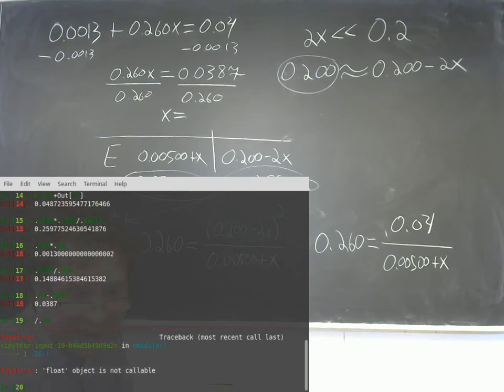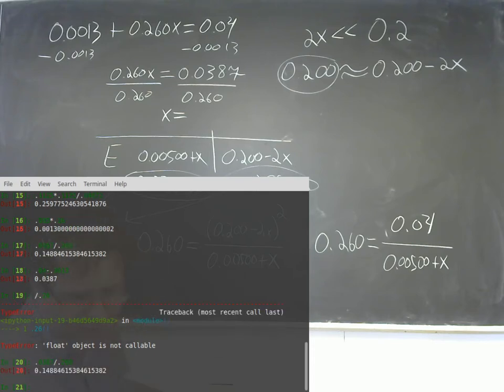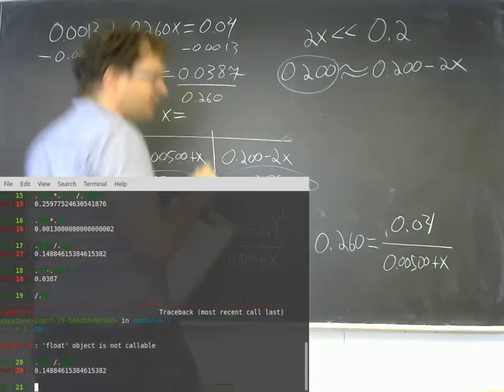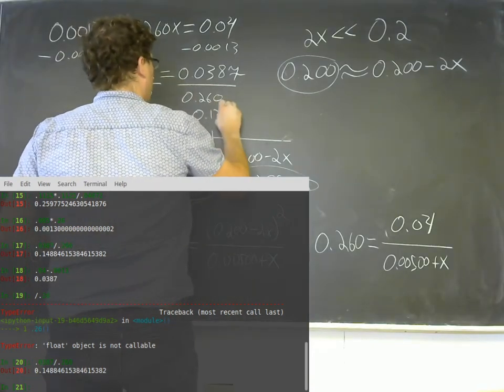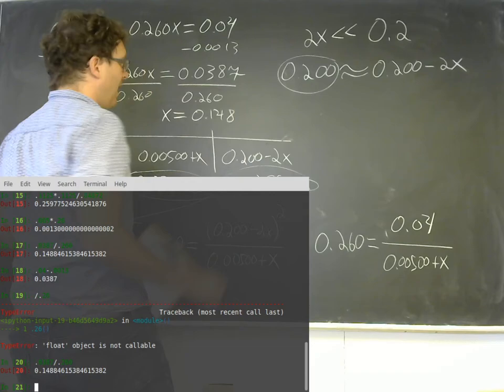Oh, sorry. This has gone wrong in exactly the right way. I apologize. So we'll go back to the 0.0387 divided by 0.26, and I get x is equal to 0.148.